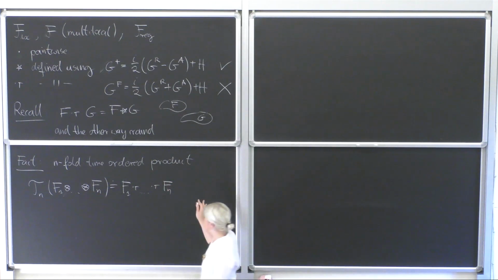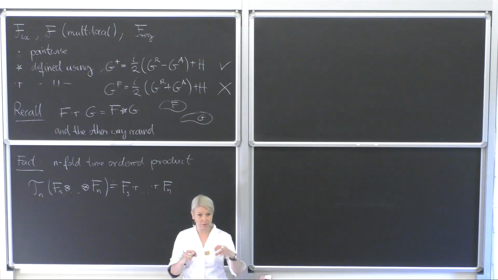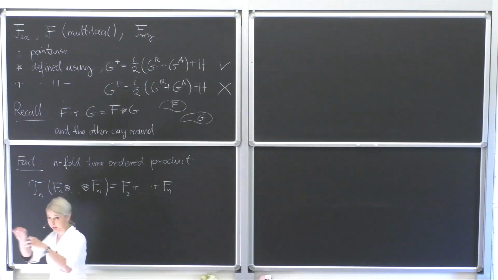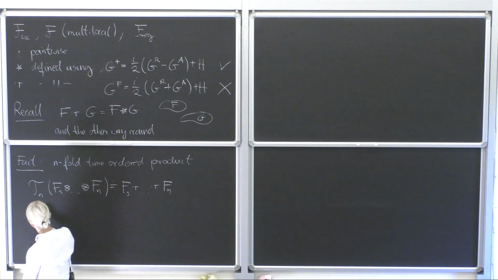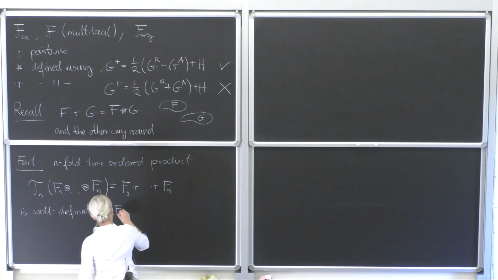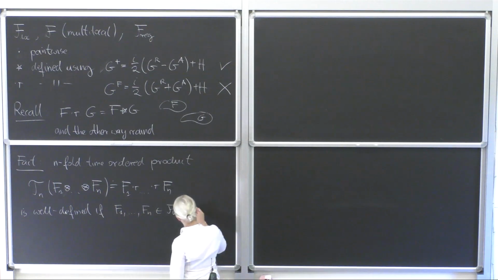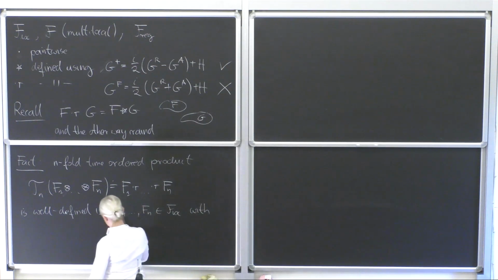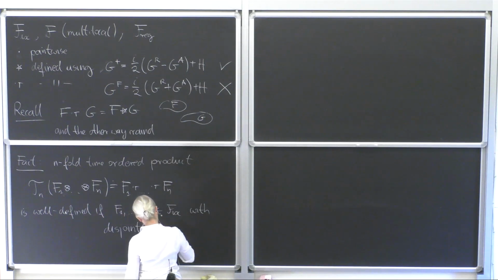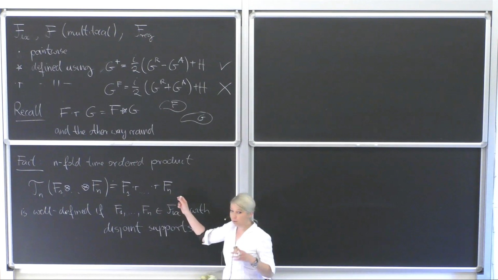This n-fold time-ordered product is well defined as long as all these have pairwise disjoint supports, so no overlaps whatsoever. It is well defined if F1 to Fn are local with disjoint supports. So we have it on some functionals.